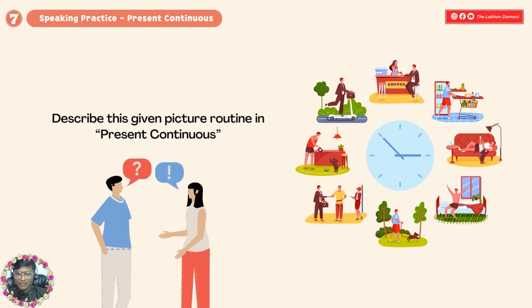And after that, I have met someone and now I am giving food, or I'm feeding my dog. You can use other tenses as well, but the main thing is you have to focus more on present continuous because we are learning present continuous. Great. You can pause and start practicing.